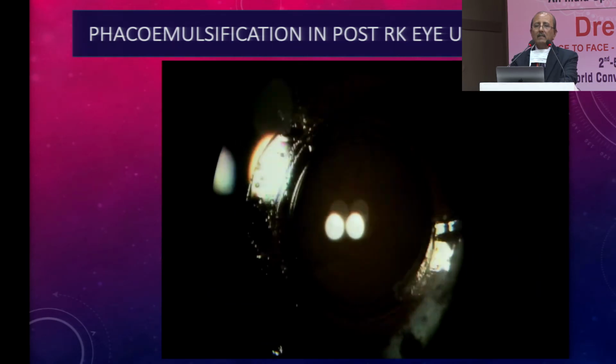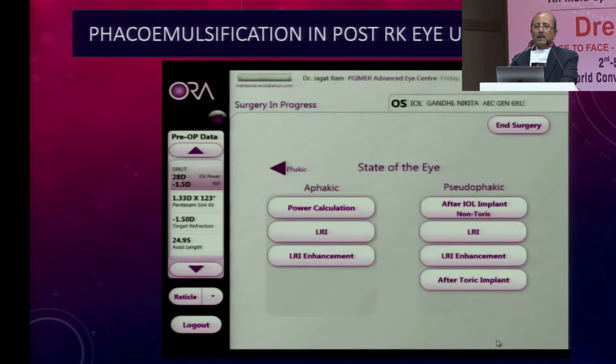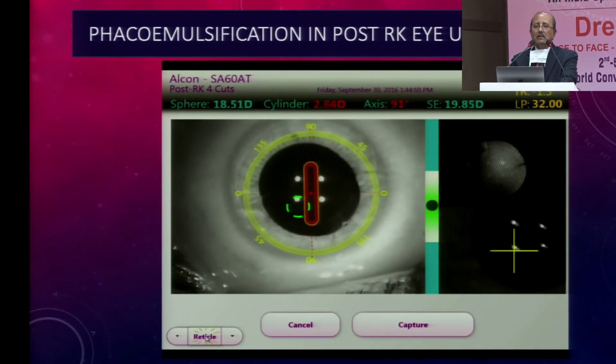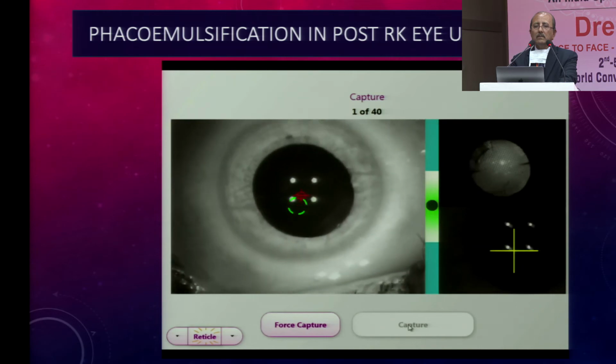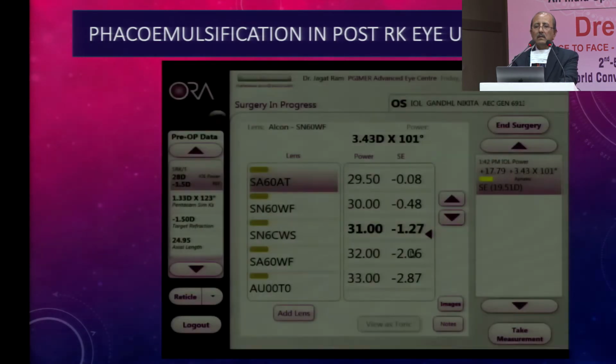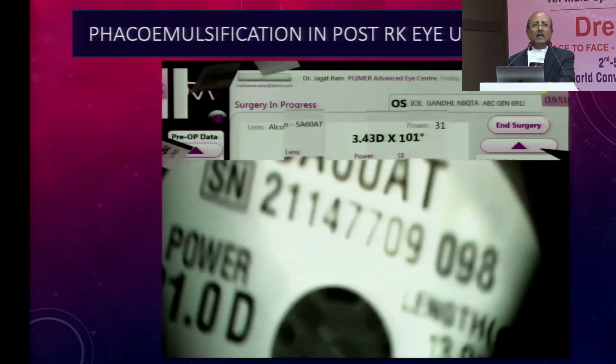So adequate IOP, it should not be low IOP, and then it will calculate the IOL power, and it has shown that you have to use a 31 diopter IOL, so you have to have an inventory of IOLs.